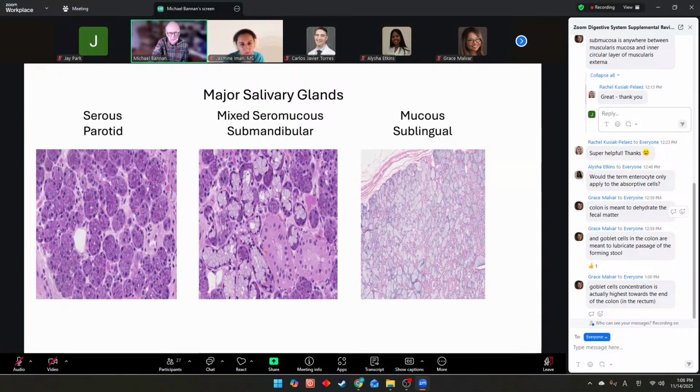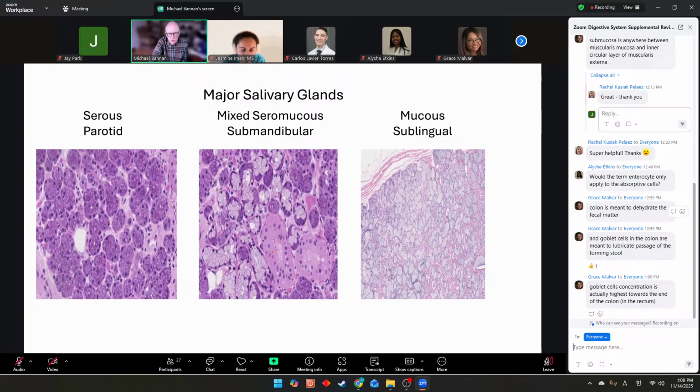In the middle, we have the submandibular gland, which typically shows a mixed pattern of bluish, purplish serous cells and much paler staining mucous cells. So we have a mixed seromucous pattern, and histologically a mixture of acini, like this round circular pattern here, and tubular acini, like this more cylindrical pattern with a round bulb at the end of it. So that would be tubular acini and acinar histologic patterns.